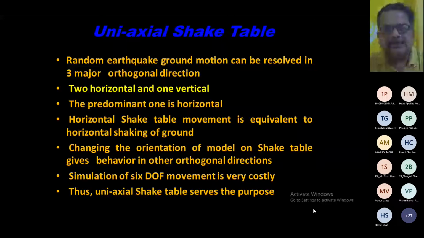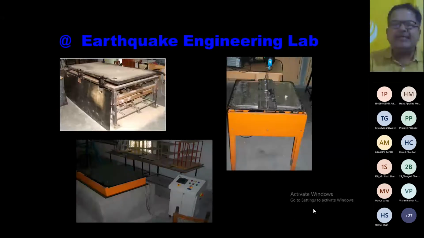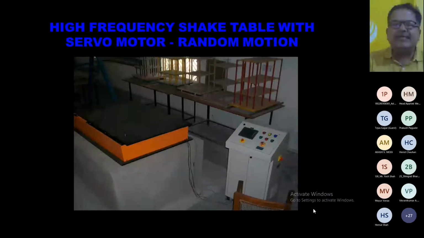In the last lecture we said that we want to study the effect on structures because of lateral load. And here we are using the uniaxial shake table. So we put the model in one direction and test it, so we get the response of the structure in one direction. Then we rotate the model by 90 degrees and test again, so we have the response of the same model in the other direction.